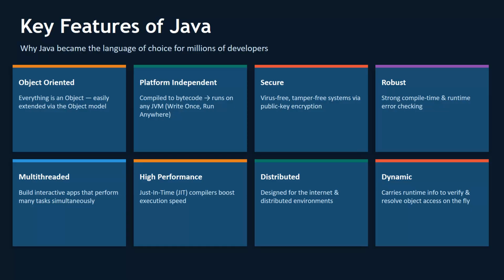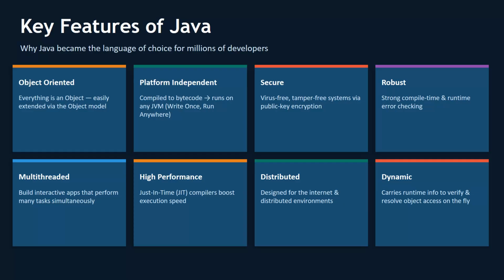The other feature is multi-threaded. That means that it is very easy for you to build interactive apps that perform many tasks simultaneously without a lot of sluggishness or hanging around.